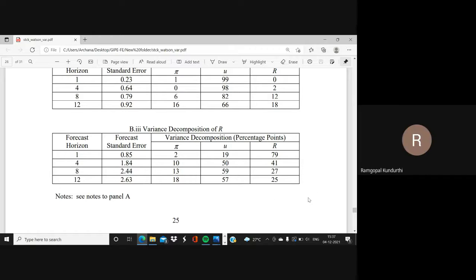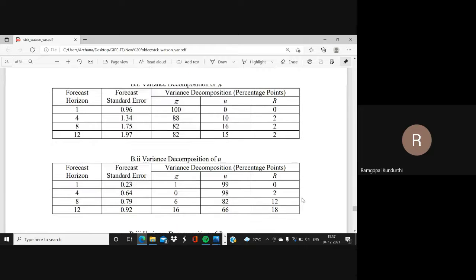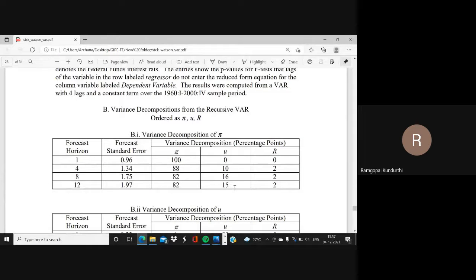Yeah, for instance, in this table which you have just shown, the first table, B1, the interest rate is shown as having no impact on inflation, and this is over a 40-year time zone of the US, 1960 to 2000.